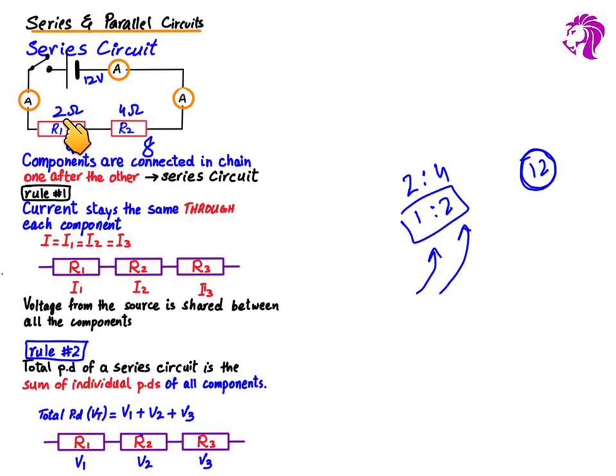So this resistance is half of this. That means out of the source voltage of 12 volts, this one would get half the voltage as compared to this one. Or in other words, this 4 ohms resistor would get twice the voltage of the 2 ohms, right? So can you tell me how we can divide this 12 volts so we get the division in this ratio?